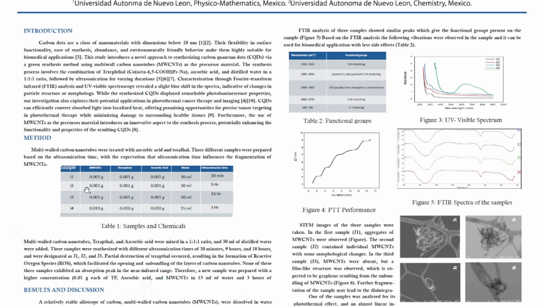Here we can see that the samples J1, J2, J3 have similar concentration. All the components were taken at 0.001 gram, and they differ in their ultrasonication time. J1 is for 30 minutes, J2 for 9 hours, J3 for 18 hours, and J4 has a higher concentration than the other three samples, with an ultrasonication time of 3 hours.